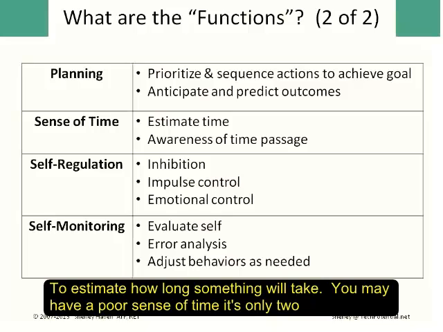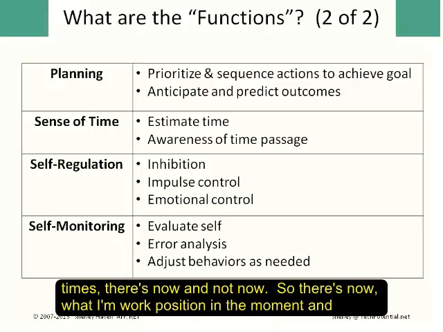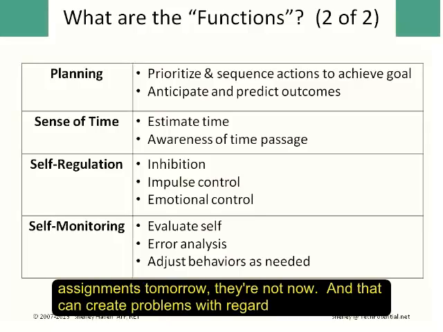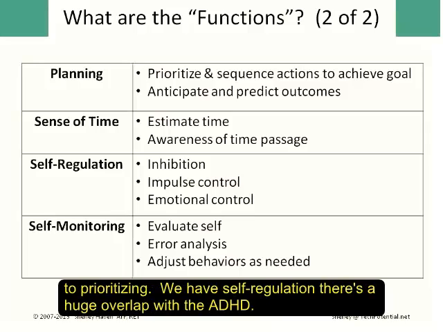It's been said of people with executive function challenges who have a poor sense of time that there are only 2 times: there's now and there's not now. So there's now, what I'm working on at the moment, and if I have an algebra assignment due tomorrow and a science or social studies assignment due a month from now, they're both due not now, and there's no distinction between them. That can obviously create problems with regard to prioritizing.